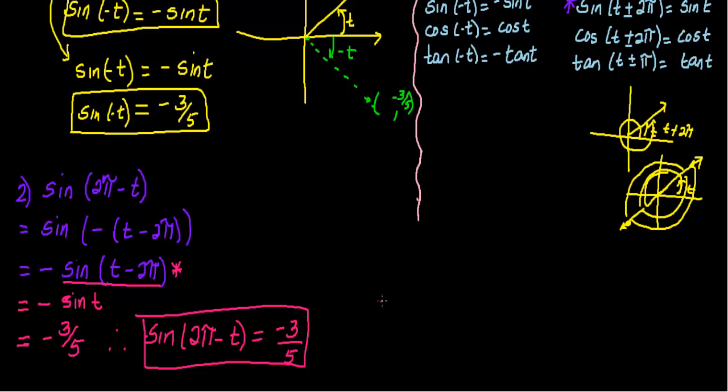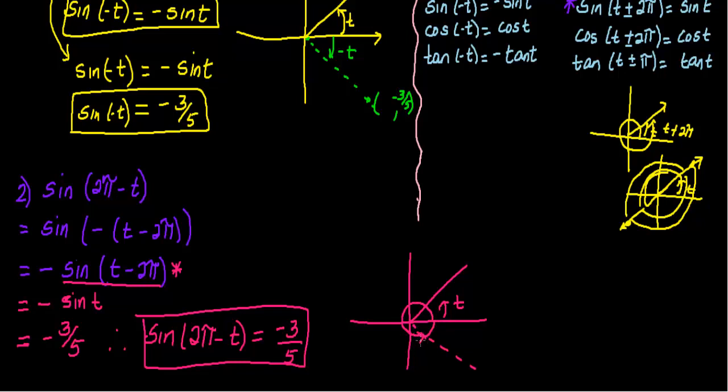If I make a drawing of this, they told us in the beginning that the original angle is in the first quadrant. If I try and draw 2 pi minus t, this is what it would look like. I would have to go around one whole turn, that's 2 pi. Minus t would be going around 2 pi and coming back t.